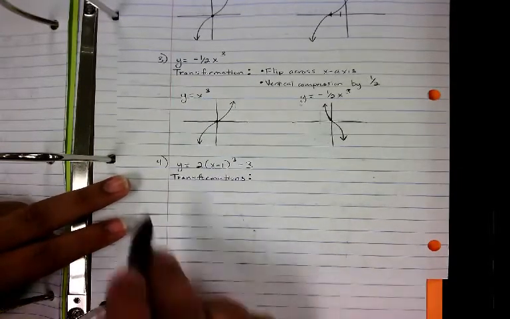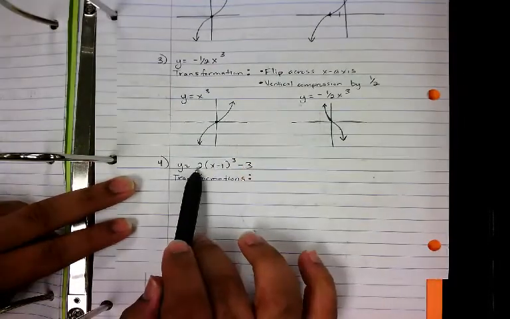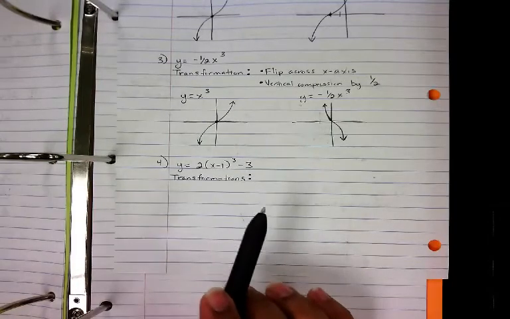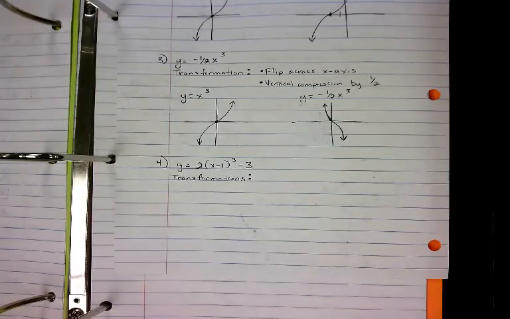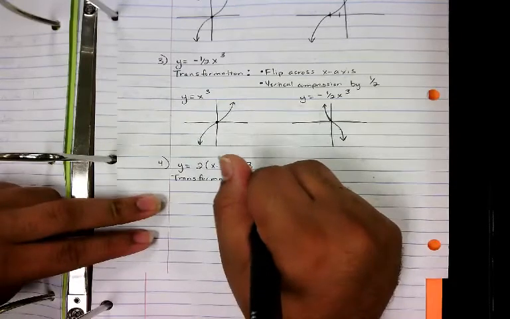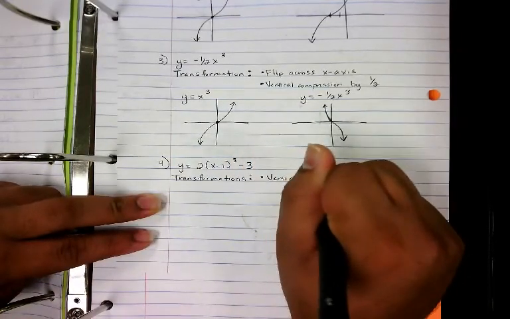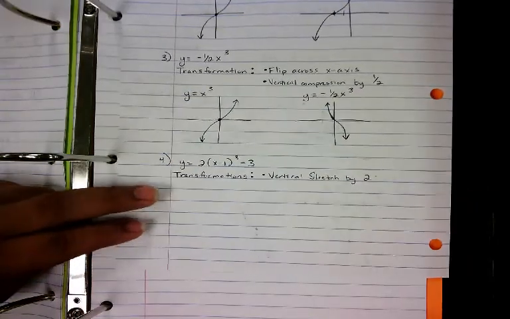So the first one we can notice is the 2 in front. Remember, if this is A, if A is greater than 1, then it's a stretch. So you got vertical stretch by 2, because it's 2. So that's the first transformation.